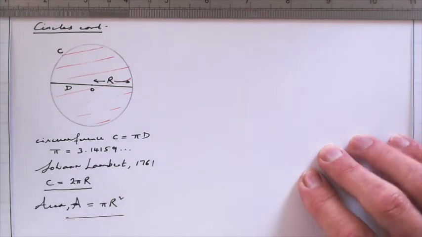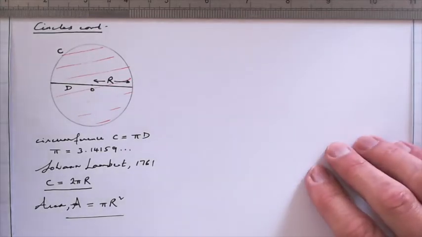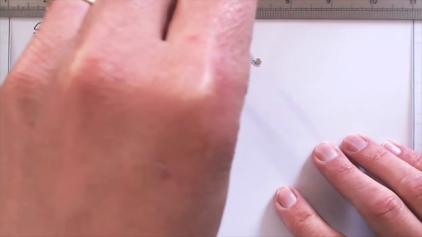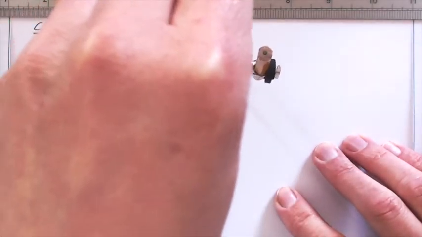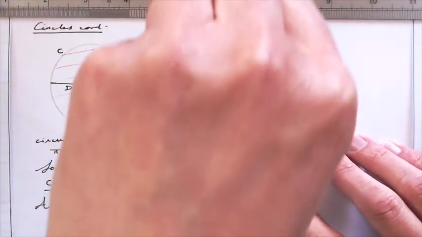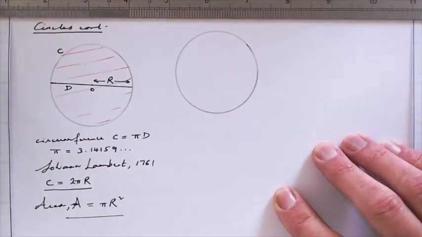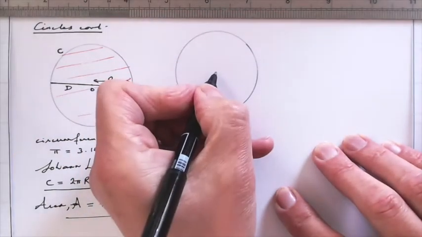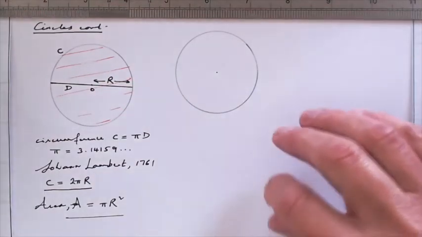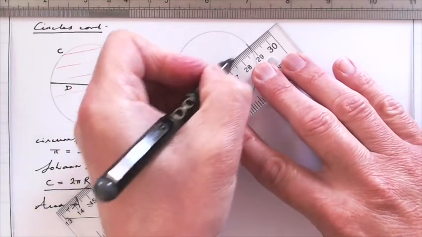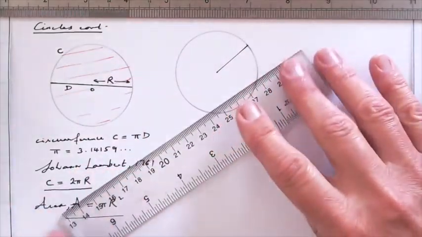Right, now let's talk about sectors. So let me draw another circle. And a sector is part of a circle formed by essentially cutting out a piece of pie, if you like.